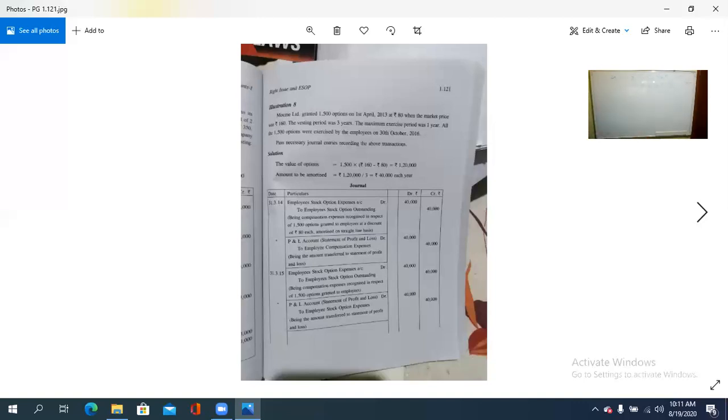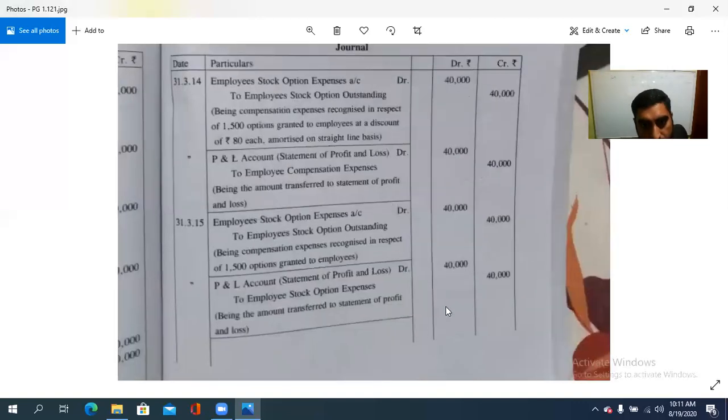Then after that, P&L account debit to employees stock option expense, same 40,000. Clear? That is the first year. Then 2015, the same entry is to be passed.